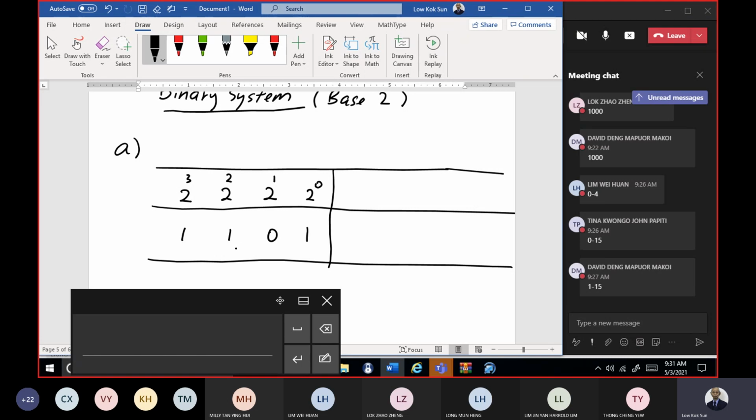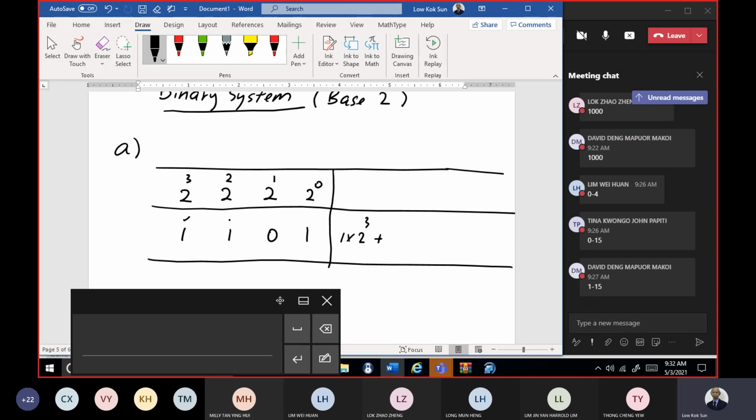In our normal language, this one means 1101. But in the binary language, this is a very small number only. So let us look at the value now. This one means 1 times 2 power 3.